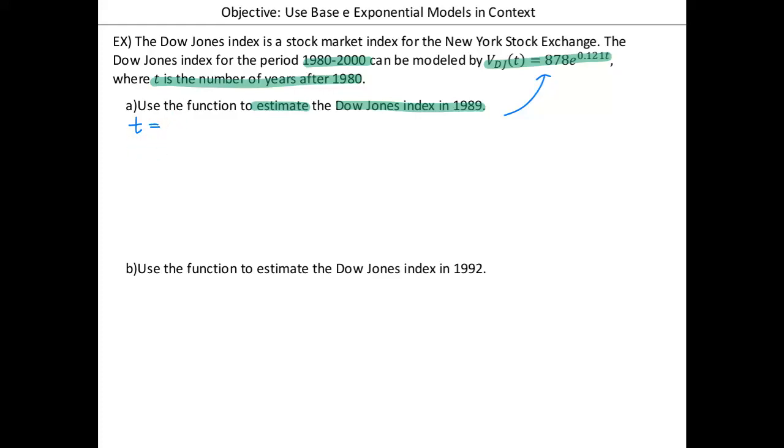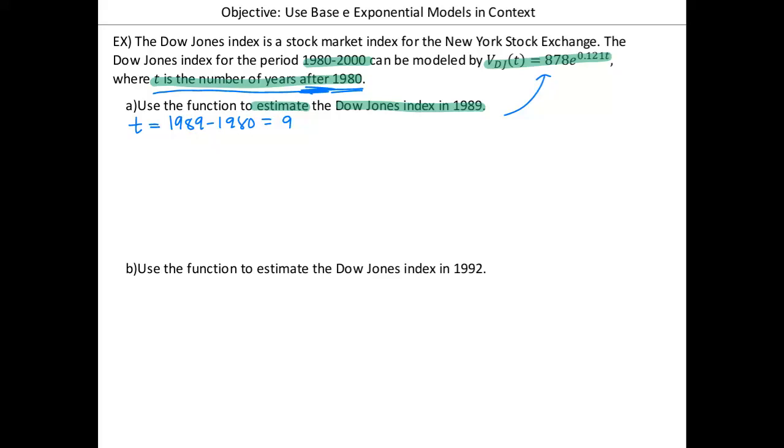So the piece of information that I have here is T is the number of years after 1980. So in 1989, how many years have passed after 1980? 9. So 1989 minus 1980 is 9 years. Okay? So all I do is then plug in 9 to my function.